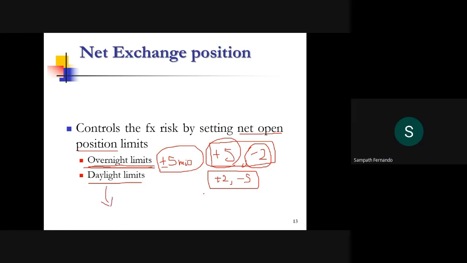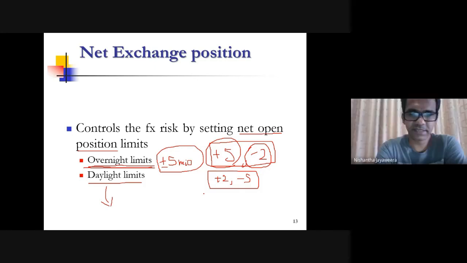Who imposes this limit? It's basically from the risk management perspective. This should be from the bank itself, but from the regulator's perspective, for various reasons, the regulator also imposes a limit. So whichever limit is stricter would be applicable at the end.